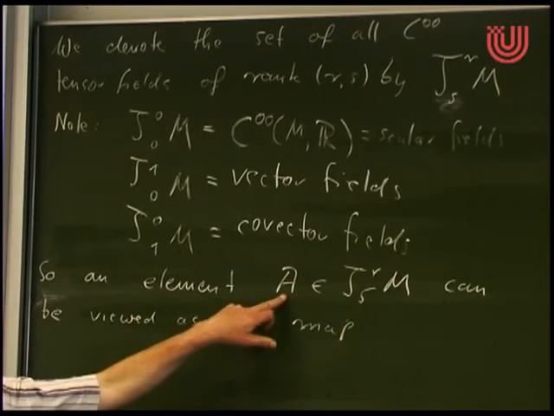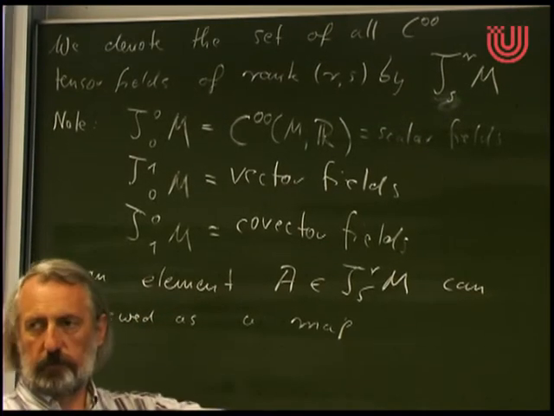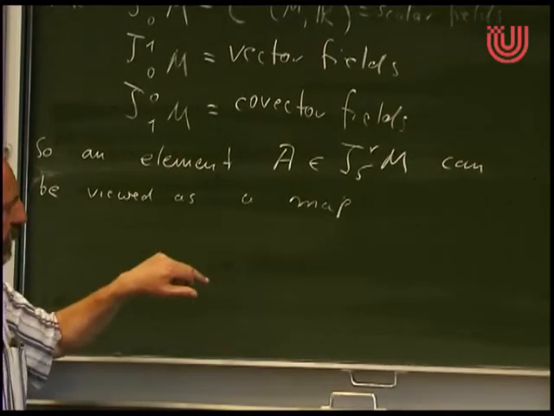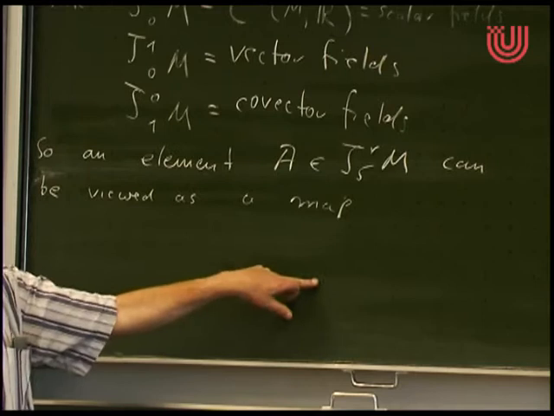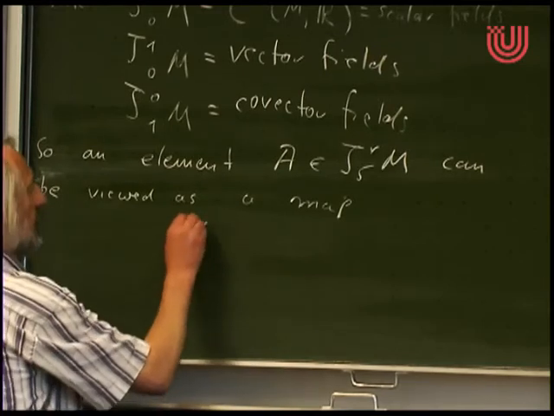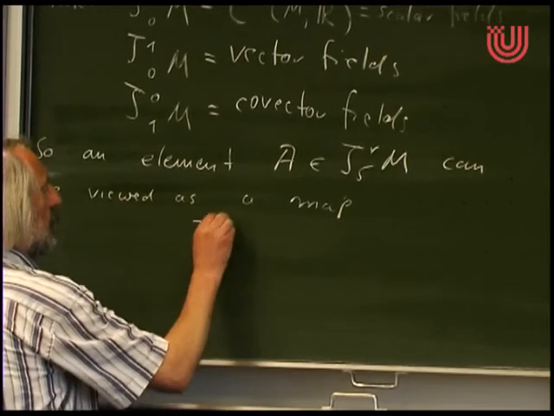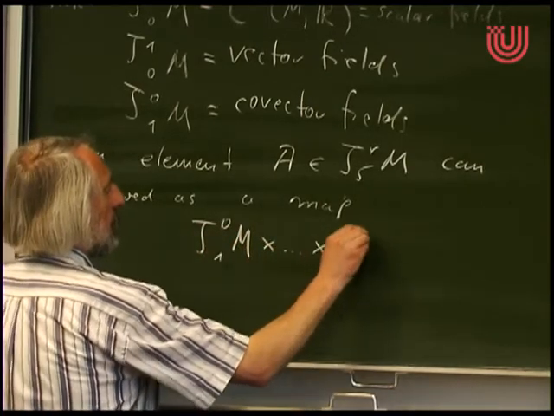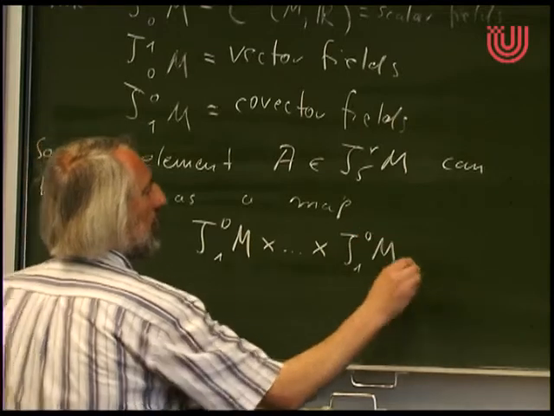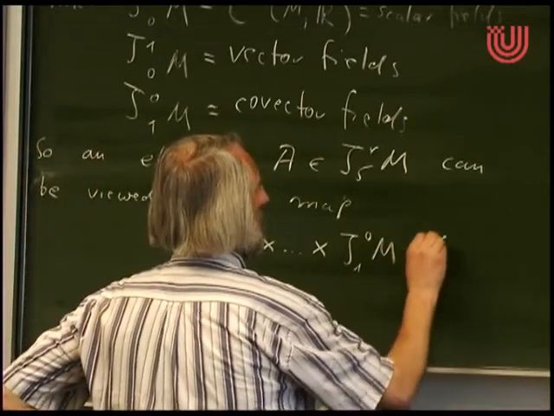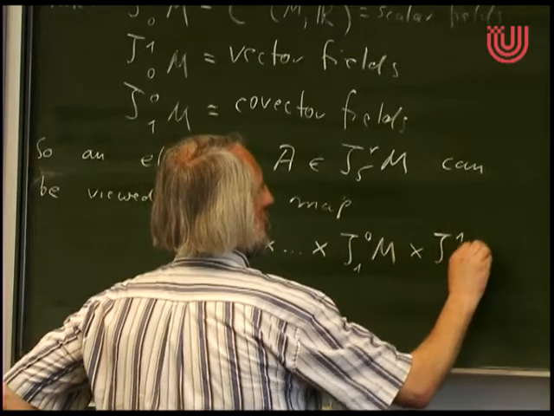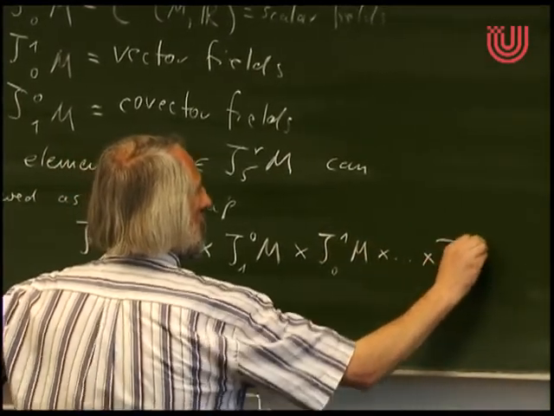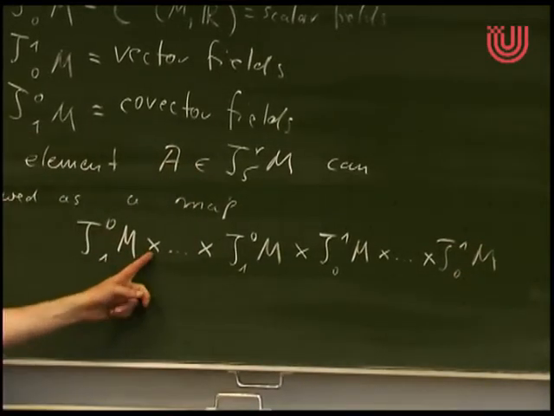But now it's a tensor field, so the foot point is floating over the manifold. So now I feed into the slots not vectors or covectors, but rather vector fields and covector fields. So I can view this as a map from, I begin with the covector fields, and then the vector fields. So this is just the Cartesian product.